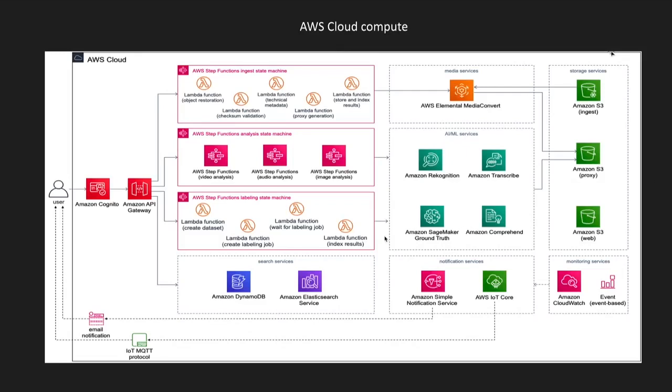Then they have something like the storage services, a DynamoDB or an Elasticsearch service, where these databases are managed by Amazon, but you still have to take care of the security. You still have to take care of the DevOps part of it.